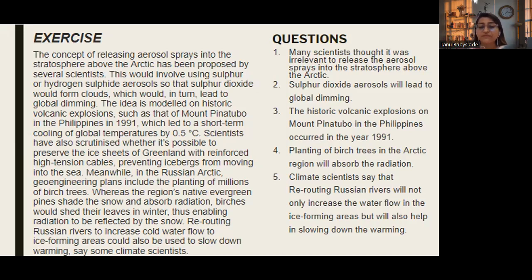Last one, climate scientists say that rerouting Russian rivers will not only increase the water flow in the ice forming areas, but will also help in slowing down the warming. Now read the statement.